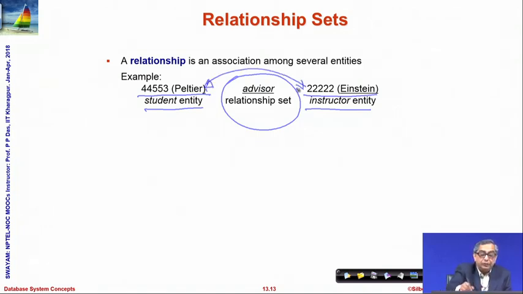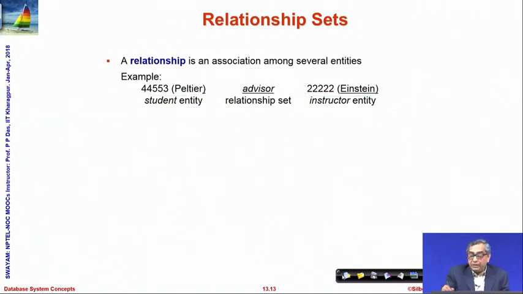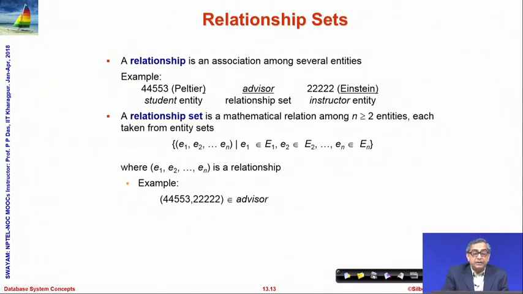So, if I say advisor relates 44553 to 22222, what I want to mean is the student Peltier is advised by the instructor Einstein. So, whenever we relate two or more entity sets like this, we get relationships.